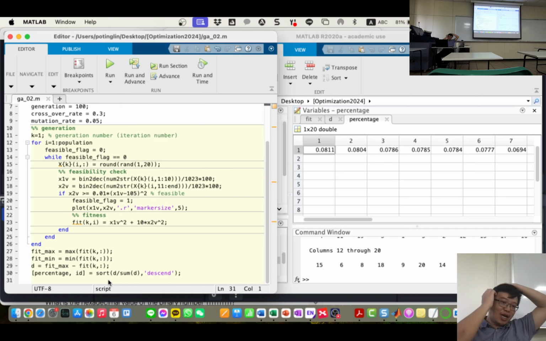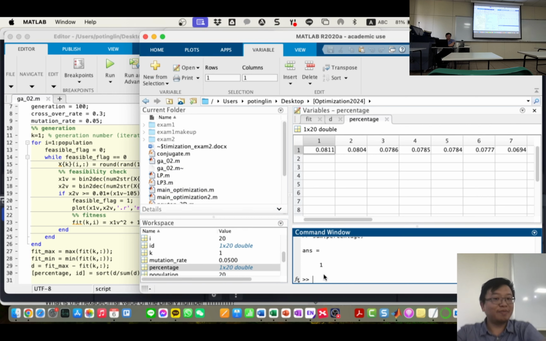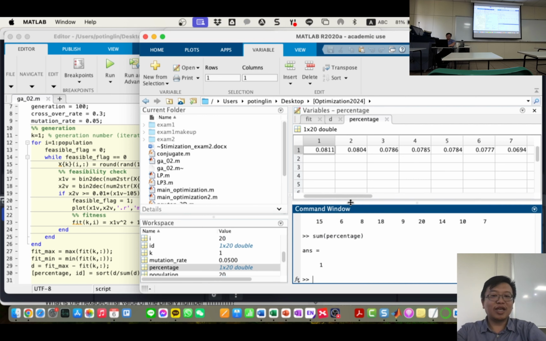Okay, now the sum of all the percentages, if you sum them up, is going to be 1, right? Because they are percentages within 100%. The sum of them is 100%.